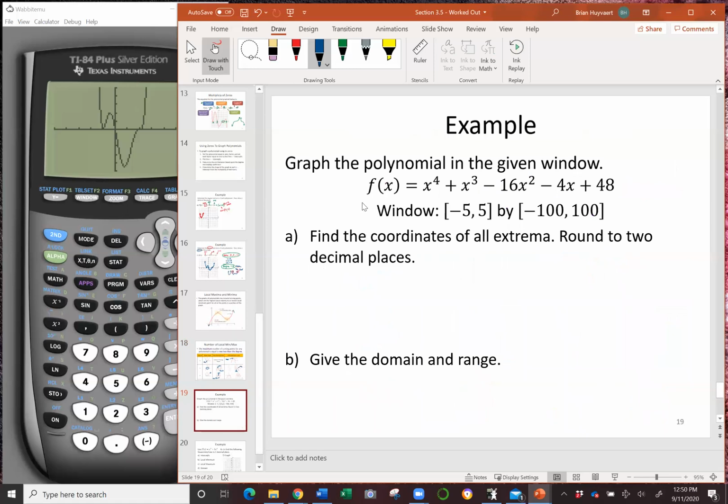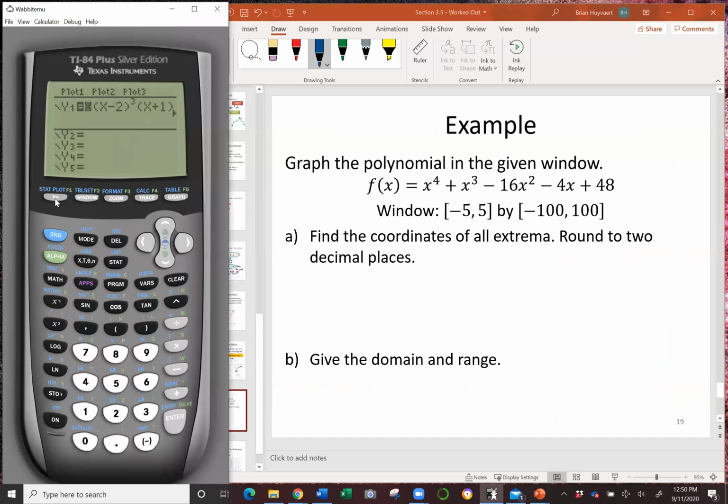Okay, so let's take a look at a polynomial, and I mentioned what window we should be operating in. So let's clear this guy out. So x to the 4th, x cubed. And just pay attention as you're walking through these that, sometimes when you're working up in the exponents, it'll keep you up there.